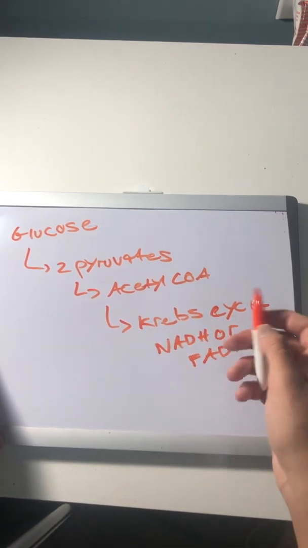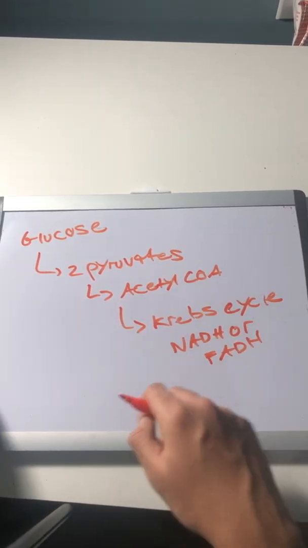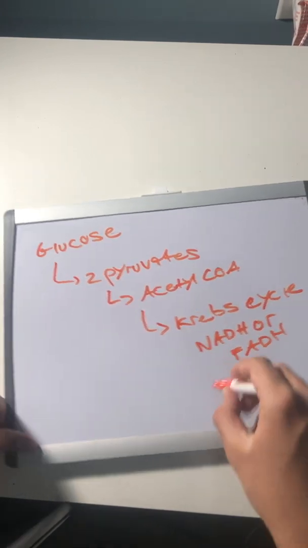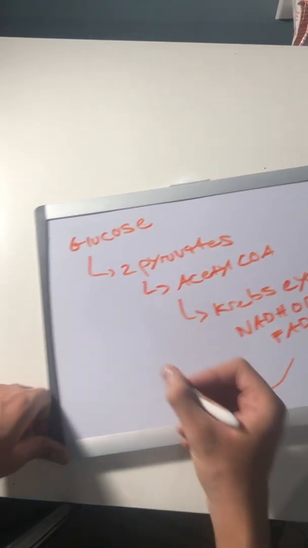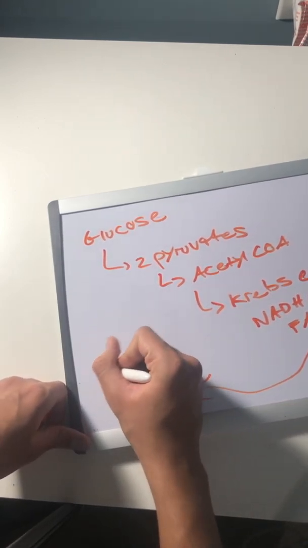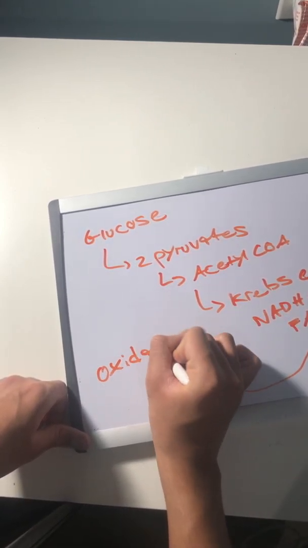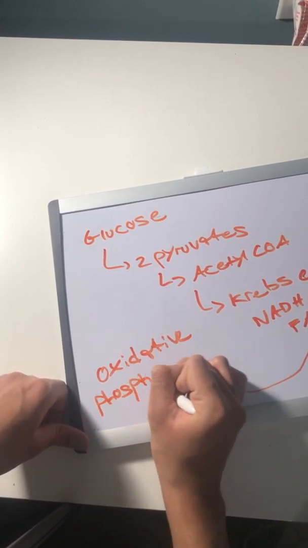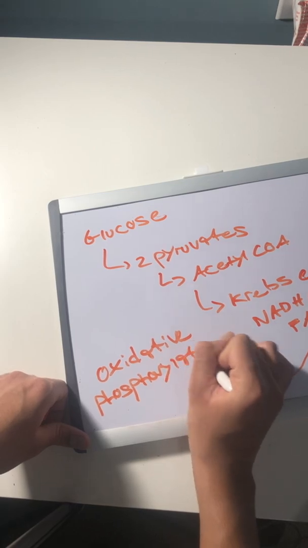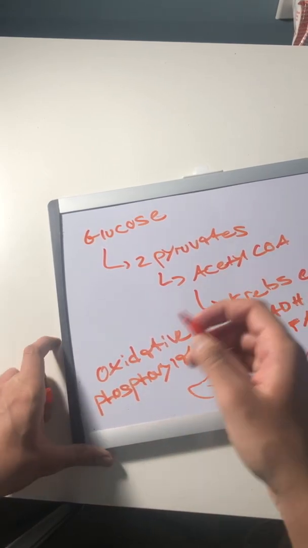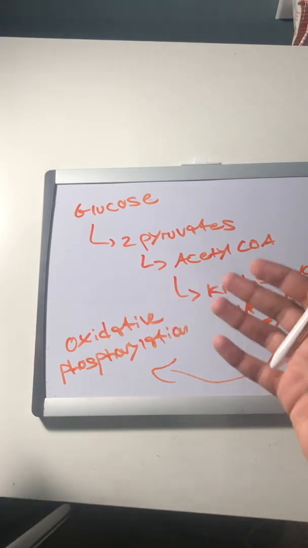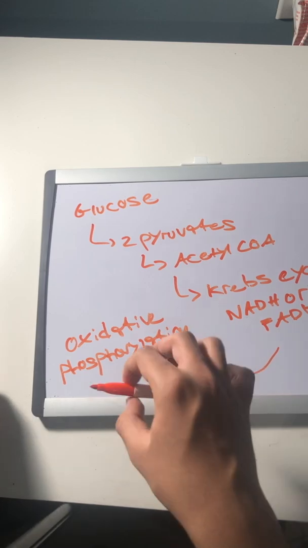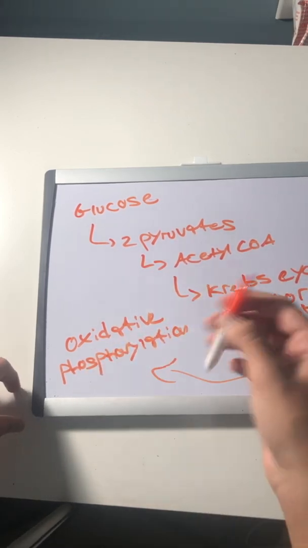These are electron carriers that the Krebs cycle produces from acetyl-CoA, and now these electron carriers go within the process of oxidative phosphorylation. The part where the electron carriers actually undergo this process can be referred to as the electron transport chain, or ETC.